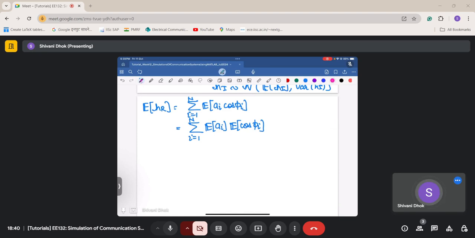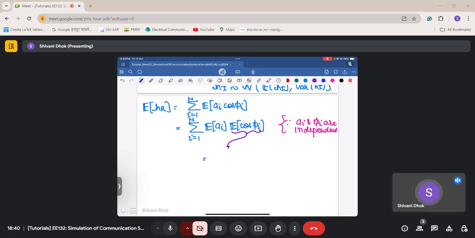Why is it so? Since ai and phi i are independent. And now let's say we don't know what is expectation of ai. Let's first figure out what this thing is.